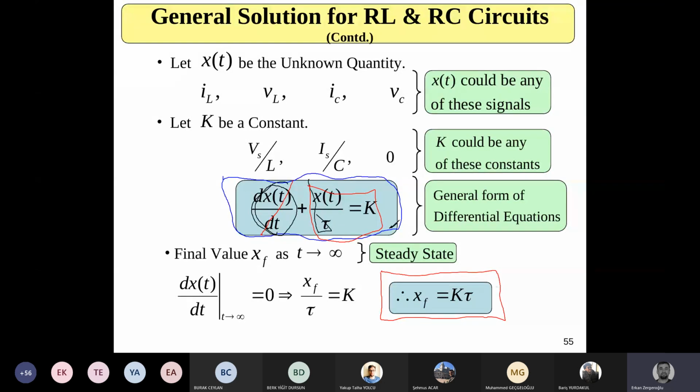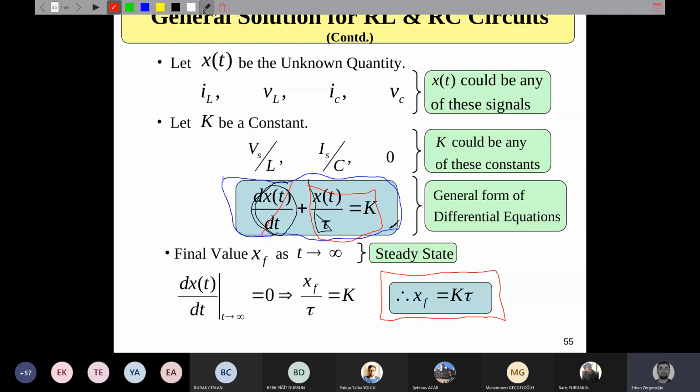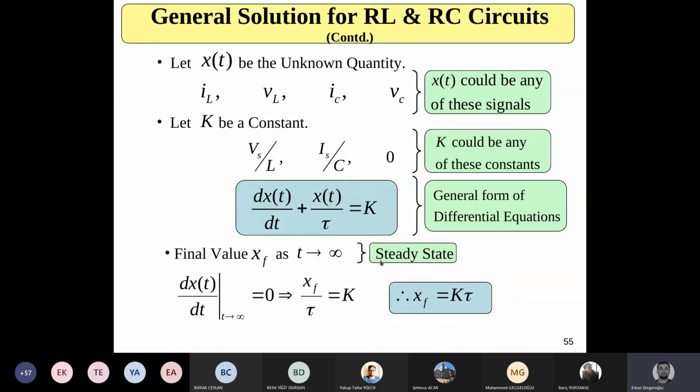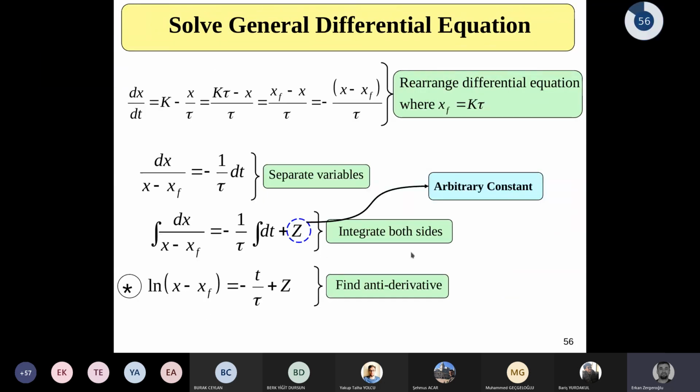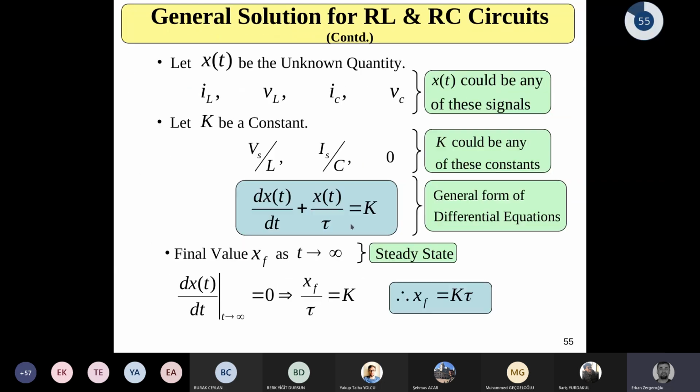Knowing the initial value and the final value, we can reformulate the solution of this first order differential equation in terms of the initial and final values. Let's try to do it in that manner. I'll write the differential equation in this form. Just to remind you, it was in this form.